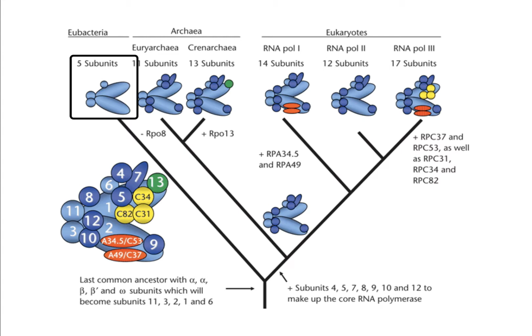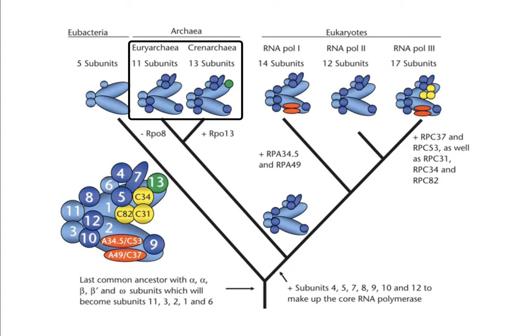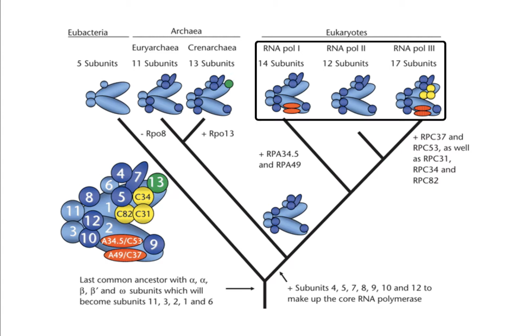And then there was further elaboration in archaea, 11 subunits in euryarchaea, and 13 subunits in crenarchaea, and that number 13 is unique to the crenarchaea over there. And then there were further elaborations in this, adding more subunits to RNA pol 1, pol 2, and pol 3.